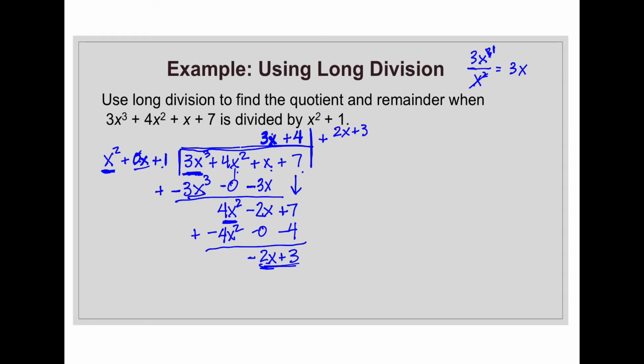I'm going to make sure I don't forget that. And put that over my divisor, x squared plus 1. I'm not going to put the 0x because that was just a placeholder. But here is my remainder and my resulting quotient.